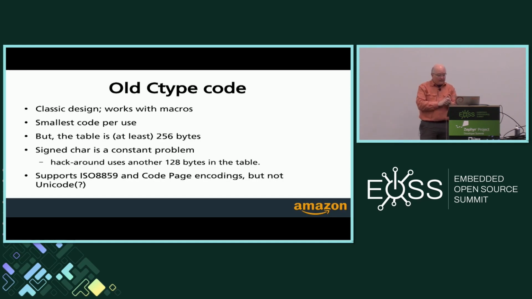Okay. So this is a new change. The old ctype code is obviously kind of the classic design. The reason the ctype code was implemented this way is super simple. It's really small per use, but almost more importantly, it's table-driven, and so you could use C preprocessor macros and not evaluate the parameter multiple times.